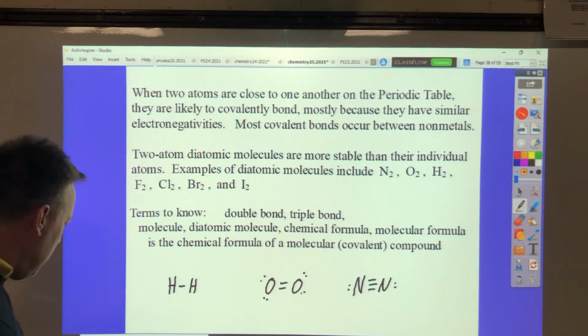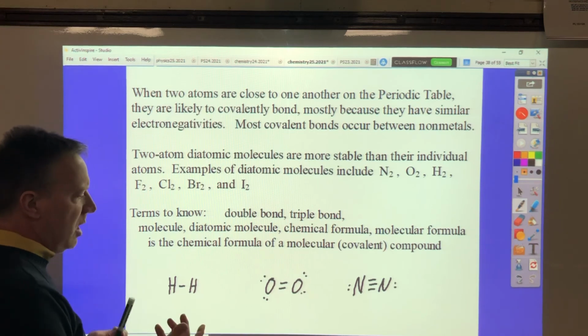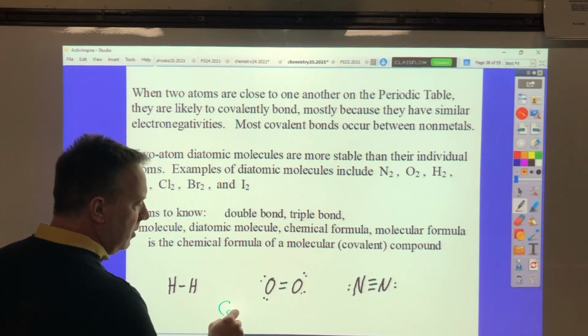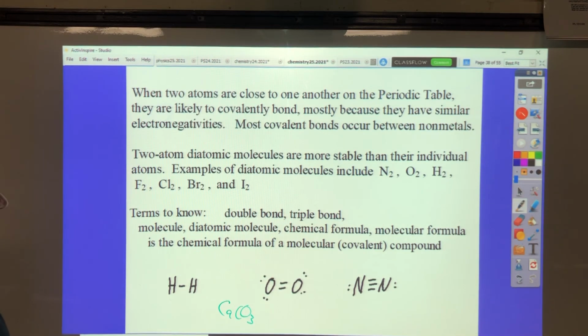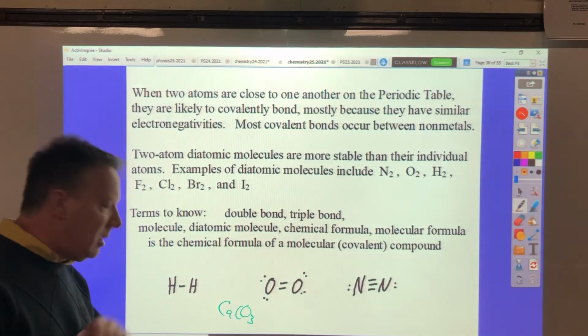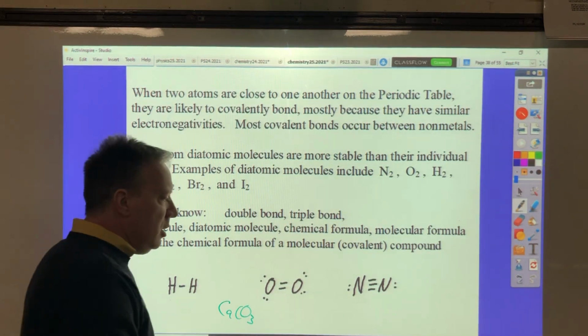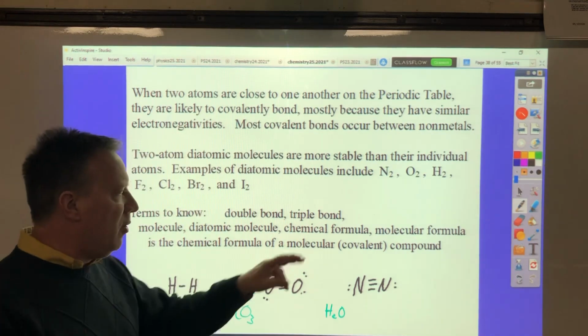Let me talk about chemical and molecular formula. If you have an ionic compound like calcium carbonate, that is a chemical formula. It is not a molecular formula because this is not a molecule. If you have H2O, you have a chemical formula.